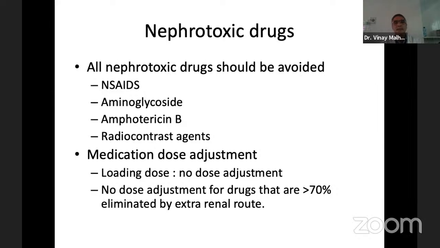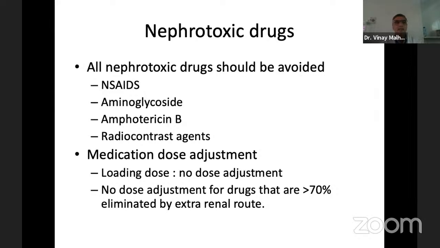Non-steroidal anti-inflammatory drugs, like the drugs from the group of ibuprofen or diclofenac, because non-steroidal anti-inflammatory drugs will reduce vasodilatory prostaglandins and increase vasoconstrictory prostaglandins. NSAIDs can cause acute interstitial nephritis. So these drugs are nephrotoxic. These should be avoided. If you want to use drugs for pain, you can use paracetamol, you can use tramadol, but non-steroidal anti-inflammatory drugs should be avoided.